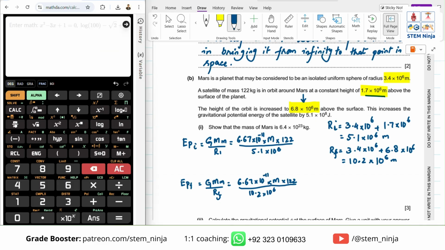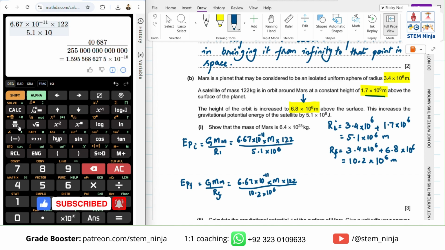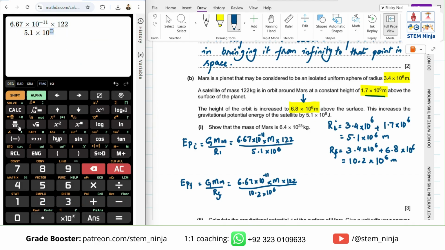Okay, so let's quickly just calculate these. So 6.67 times 10^-11 times 122 divided by 5.1 × 10^6.